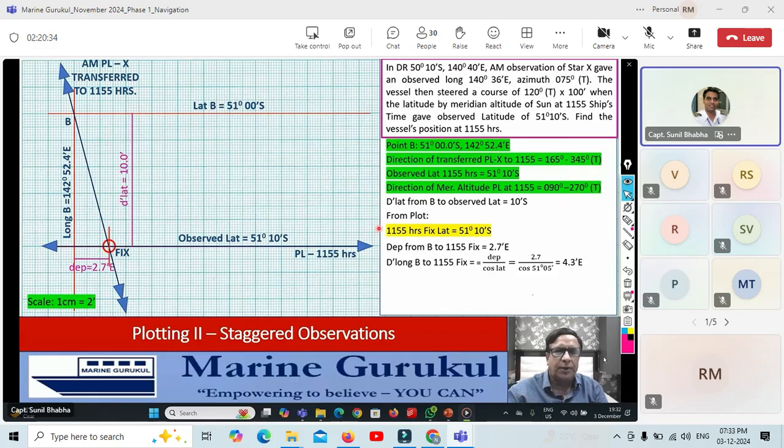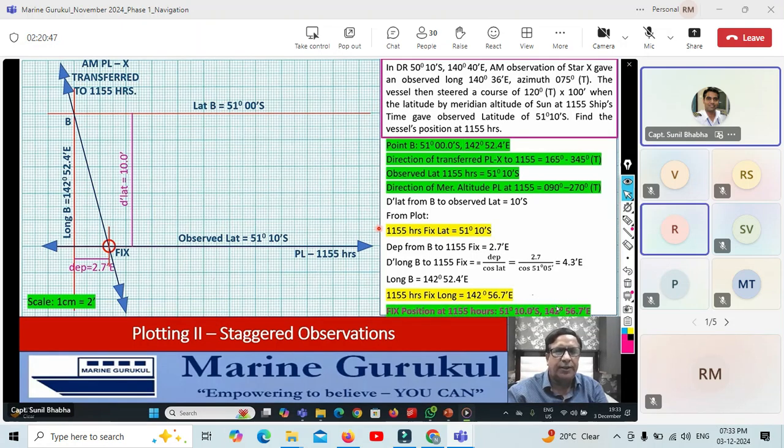We can convert the departure of 2.7 minutes into D long, apply it to the longitude of B, and what we get is the longitude of the fix. And this way, we are able to get 11:55 hour coordinates for the vessel, which happen to be 51 degrees 10 minutes south, 142 degrees 56.7 minutes east.